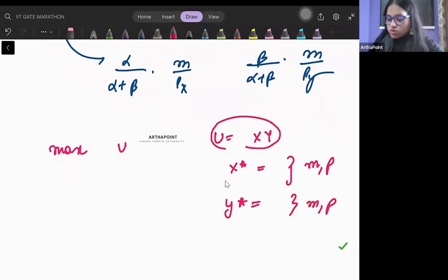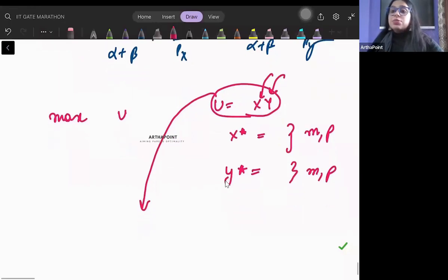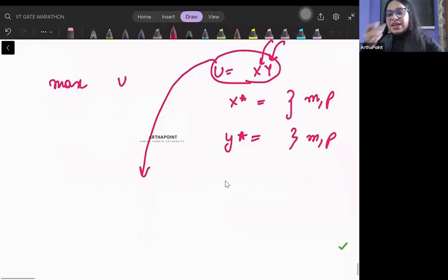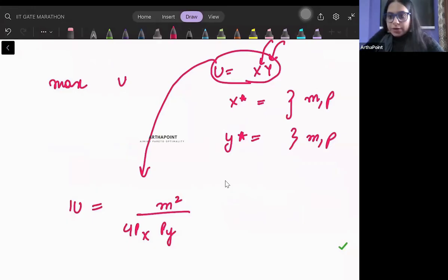I have plugged those x and y values here and I have got the maximum utility possible. And in exam, you are already given that. So it is given to you that your indirect utility is m square by 4px py. This is already given, that this is the maximum utility a consumer has got.